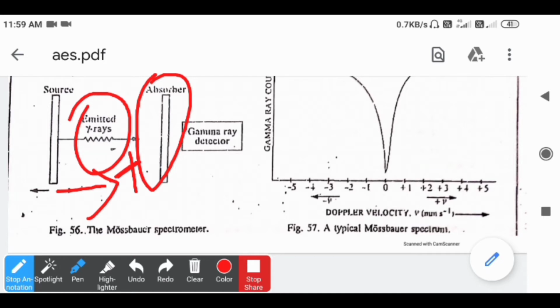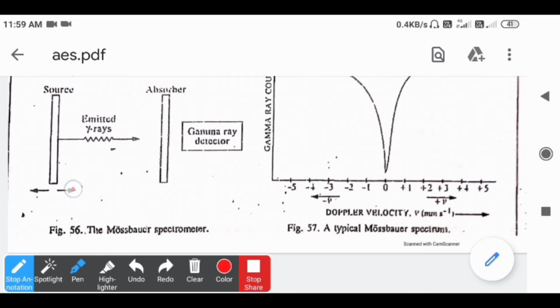The overall radiation falling on the absorber is much higher than the actually emitted radiation, so we require more radiation for the excitation of iron. That extra radiation is nothing but the momentum of the source moving towards the absorber. And in the case of a higher oxidation state, either +6 or +5, we get the negative Doppler shift.